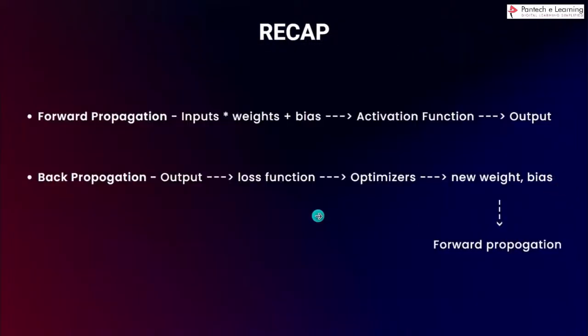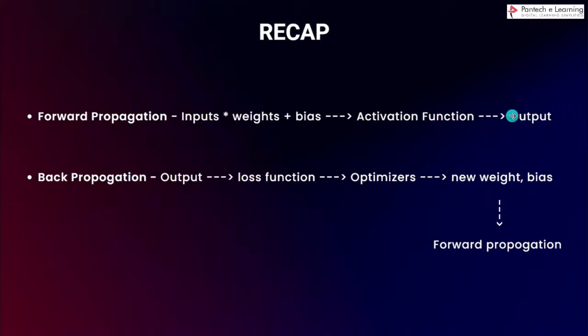To sum up everything, let us see an overall recap, so that you don't get lost or confused in between. What is forward propagation? You give the input to a neural network, and the neurons apply a weight to it. A bias is added, and then it is passed through an activation function, which gives you the output. And what is back propagation?